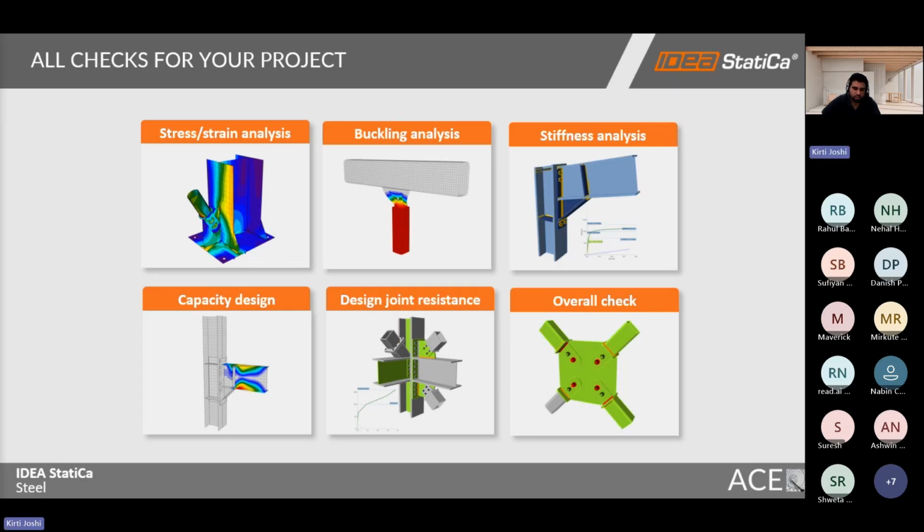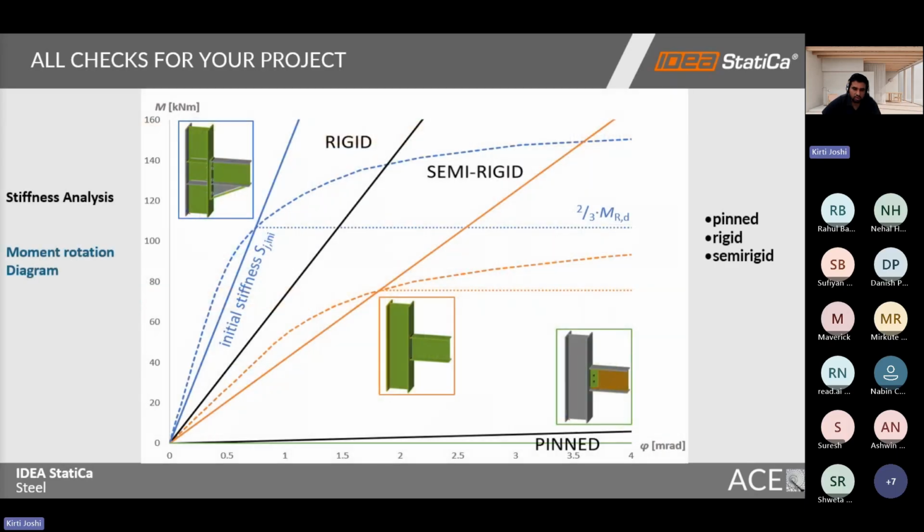Today we'll see the stress strain analysis and the stiffness analysis in this webinar. In more detail, the stiffness analysis provides the moment rotation curve, and it calculates the rotational stiffness of a connection and classifies it as semi-rigid, rigid, or pinned, which may be further integrated into your global structural model.